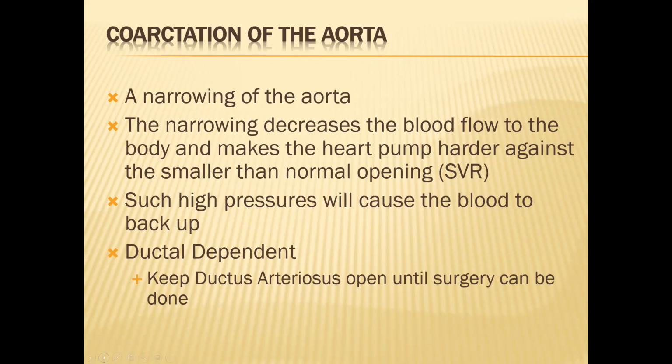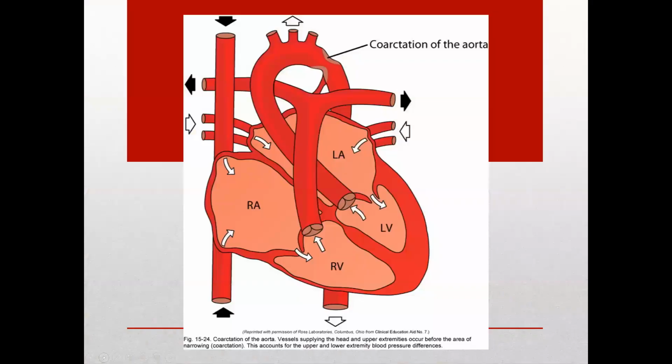Does it show us a picture? So for coarctation of the aorta, it's just showing this part smaller. So when the left ventricle pumps, it's got to push the blood into the aorta. They drew a really thick muscle here to show that the left ventricle is having to work harder.